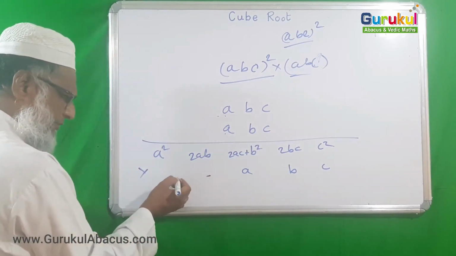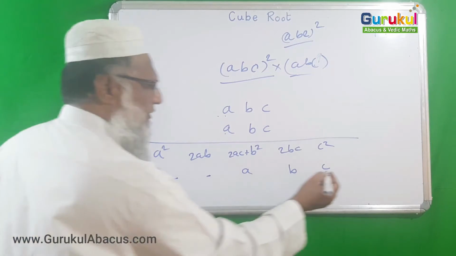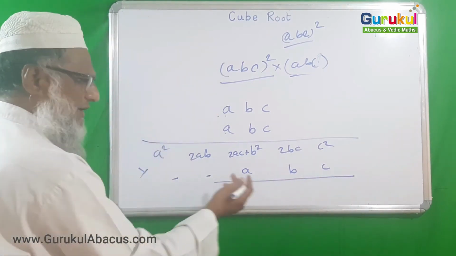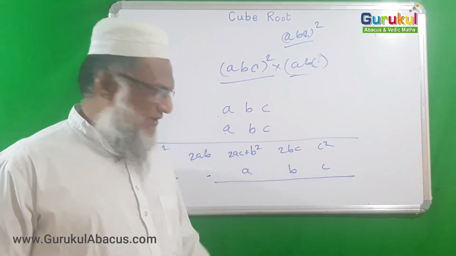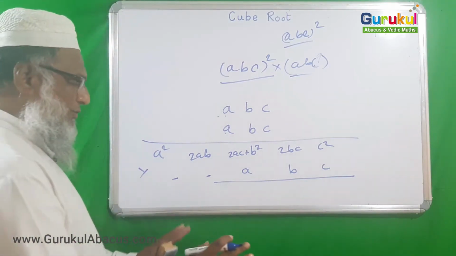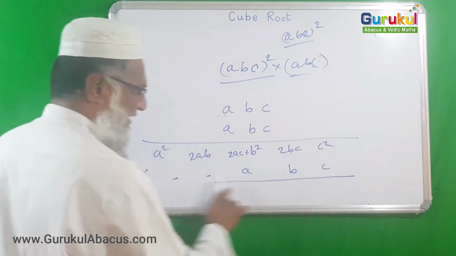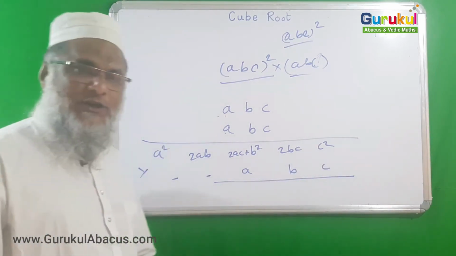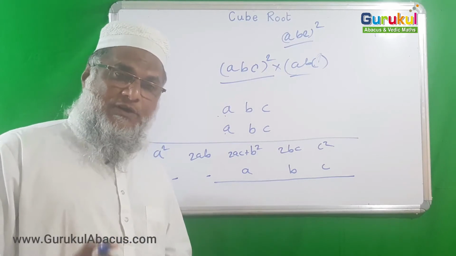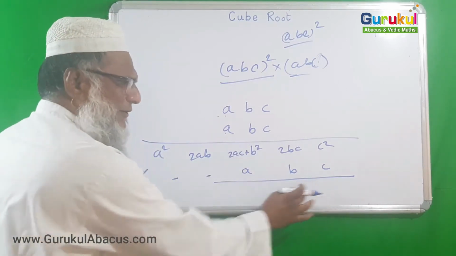Let it be, I am putting dashes for our understanding. I am not solving the full example, just one or two values I want to find. In my imagination there are 5 digits here and 5 digits here, and I am doing multiplication by the crosswise system to find the values.